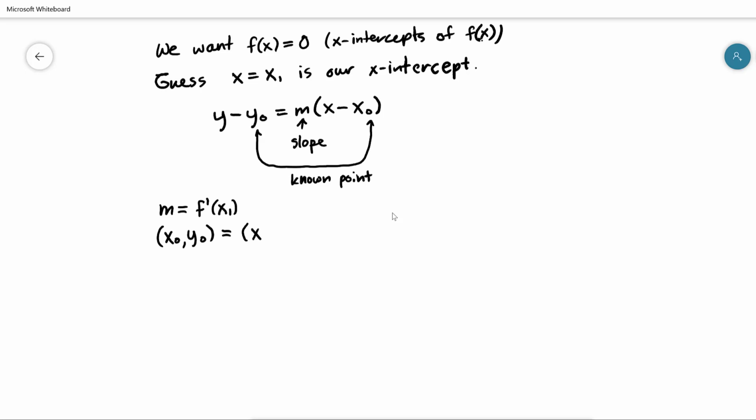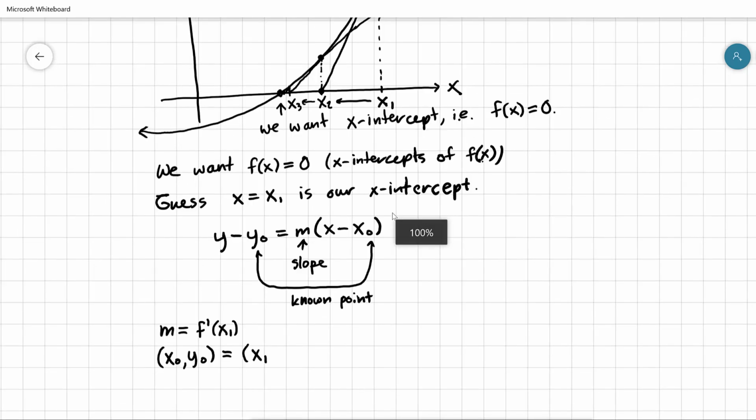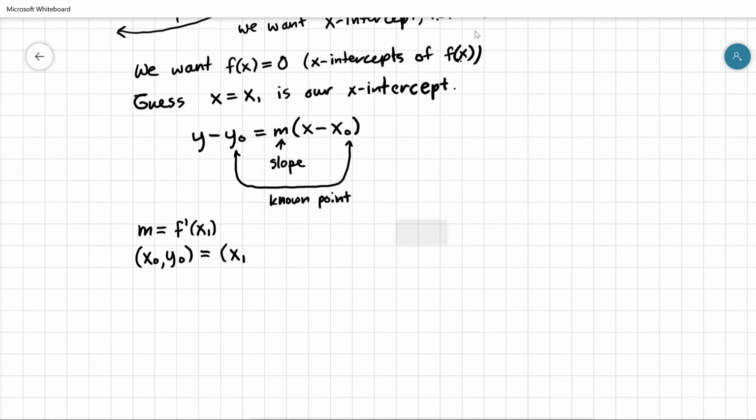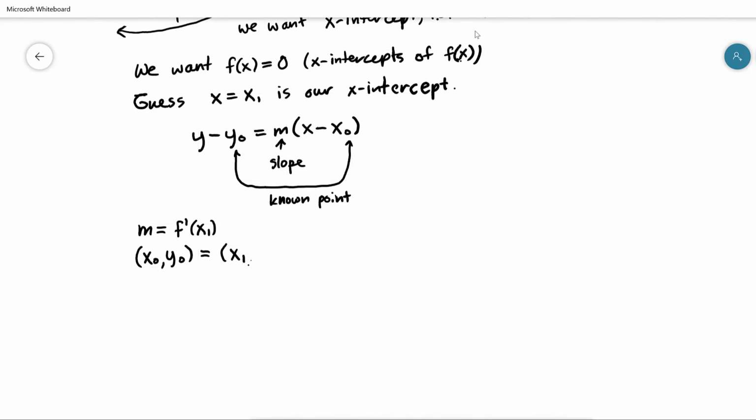That's the x value of the point. So going back up to the graph, I want the coordinates of this point. The x coordinate is x1, and the y coordinate is just going to be whatever f of x1 is. So we've got x1 comma f of x1. There's our known point, which gives us the tangent line.